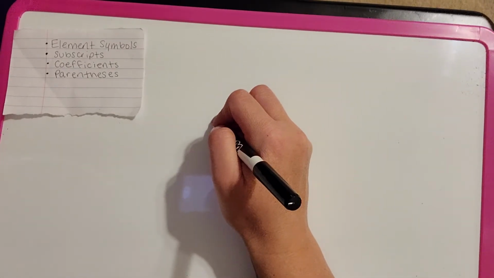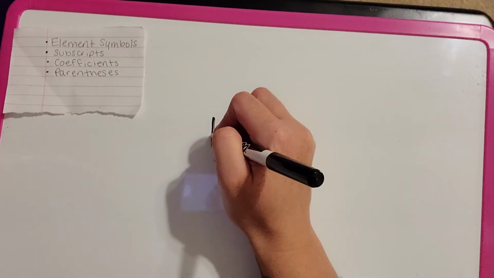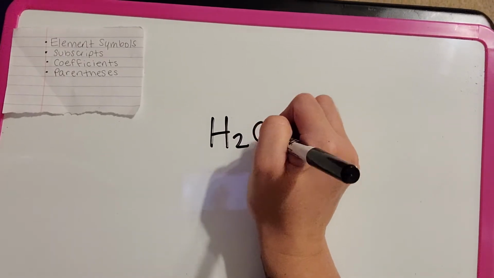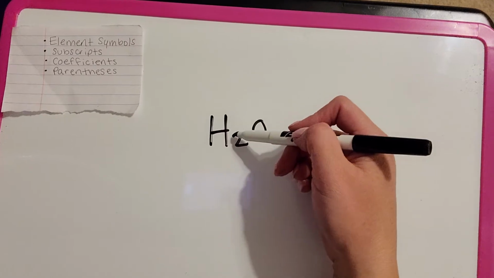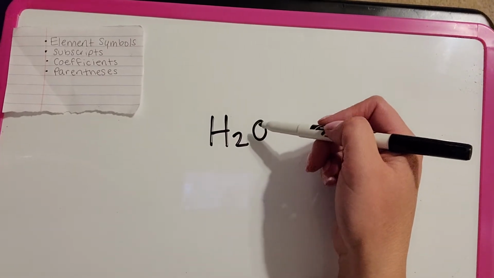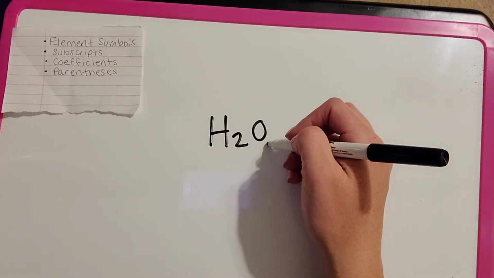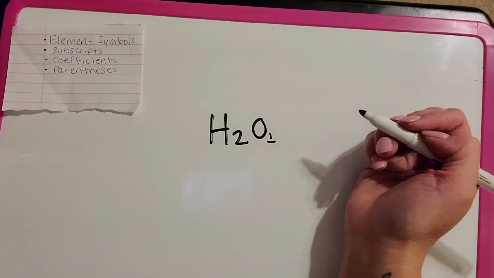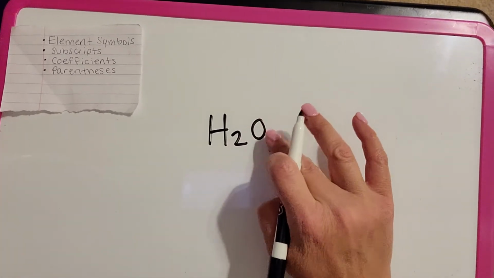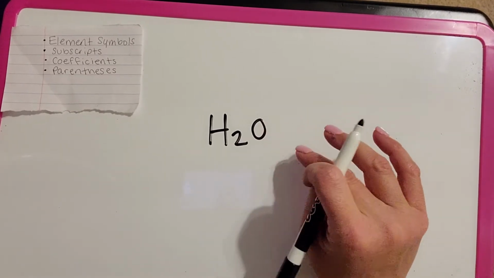Here is an example of a chemical formula you're familiar with. Here is the chemical formula for water. This is 2 hydrogen atoms and 1 oxygen atom. We know there's only 1 oxygen atom because there is no subscript on this side. There is an imaginary 1 there, but we just don't write 1s in chemistry.